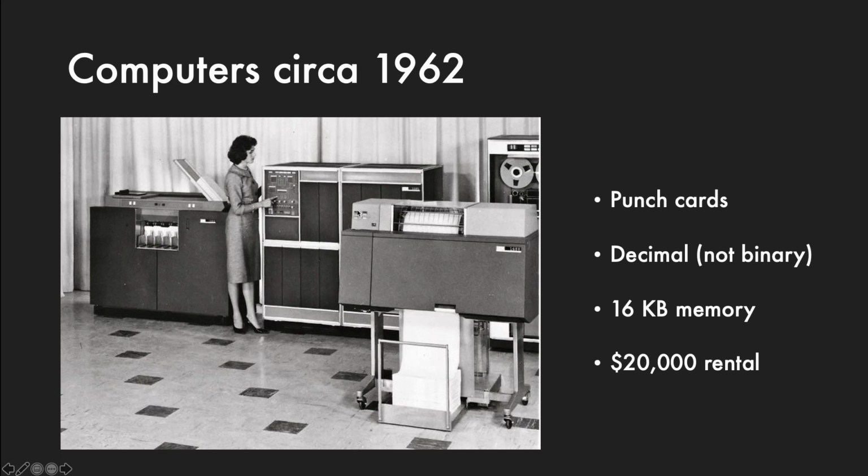This is an IBM 1401. And so 16 kilobytes, I mean, this picture that we're looking at is probably more than that. So I am amazed that anything was accomplished with equipment like this.